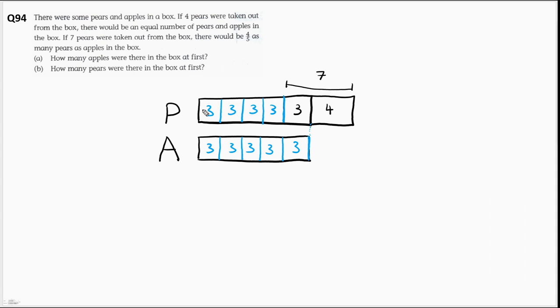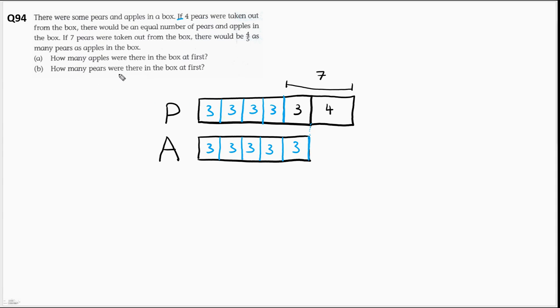Right. Well, we've got numbers for everything now, so we must be able to answer the questions. So how many apples were there in the box at first? Well, that's all of this amount, because it says if 4 pears were taken out, it doesn't say that they are, so it must be including all of these.